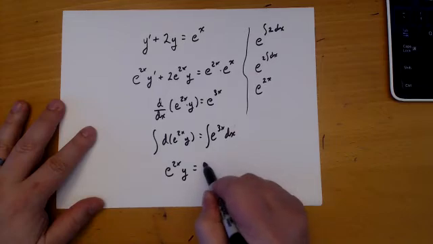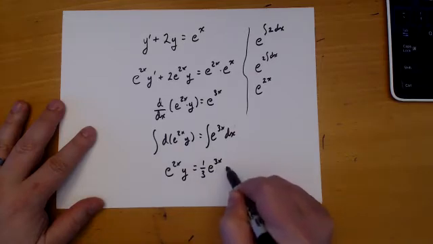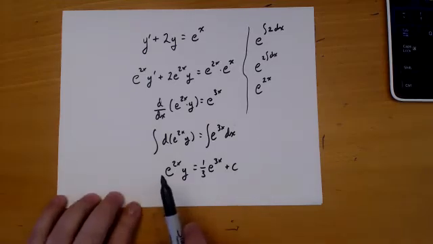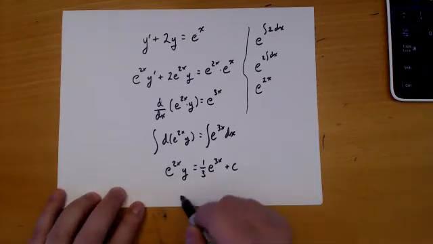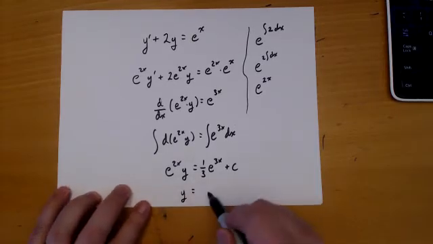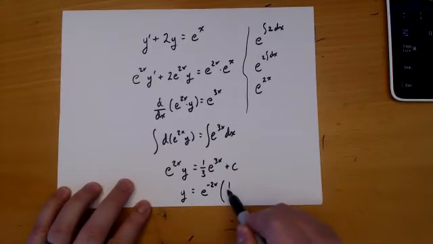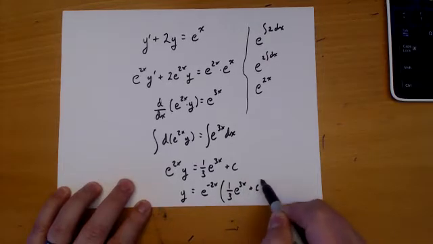And this guy integrates, and now I need to get rid of him to get y alone. And I get e to the negative 2x times 1 over 3 e to the 3x plus c.